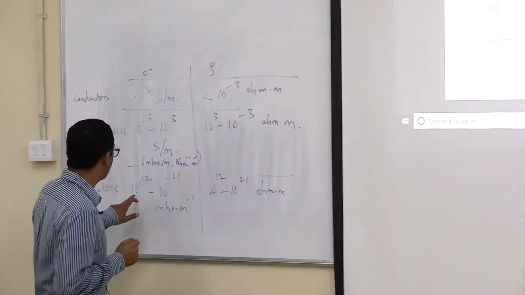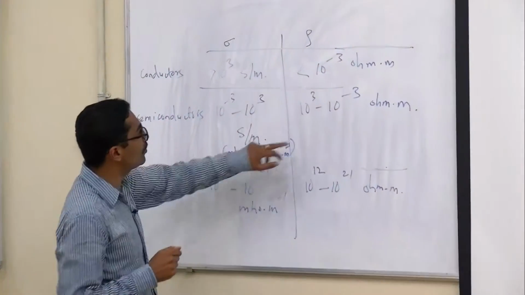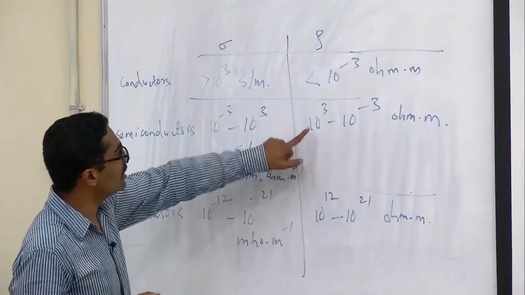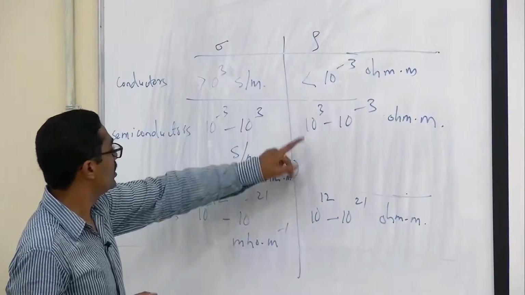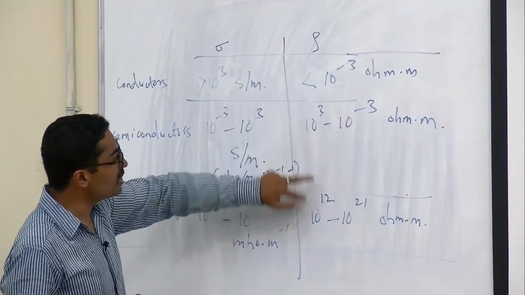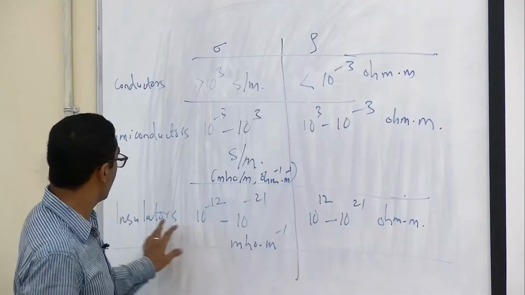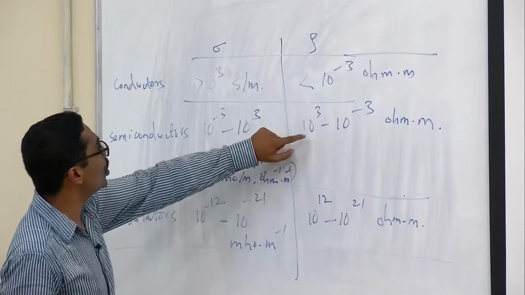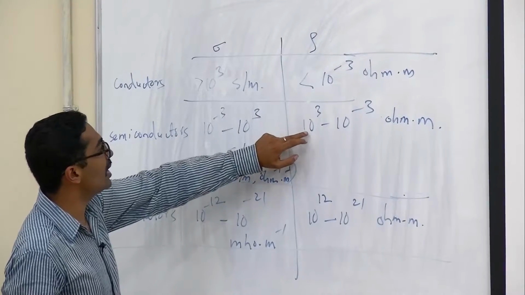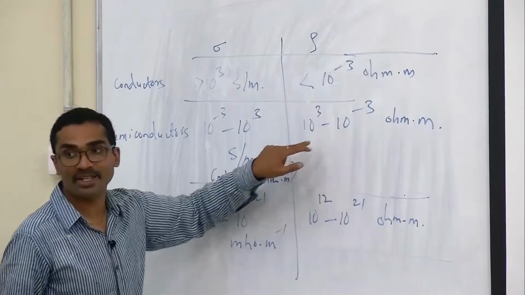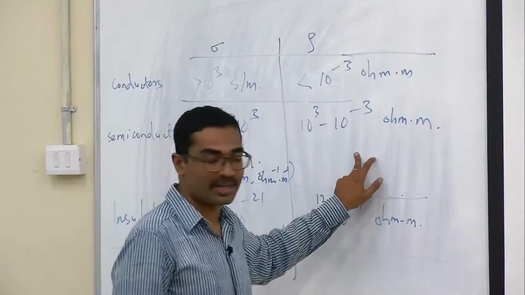So another thing I want you to notice, see, between 10 to the power of 12 and 10 to the power of 3, there are ranges. So doped semiconductors usually will have these conductivities. Doped semiconductors can actually have a fairly wide range associated with them.